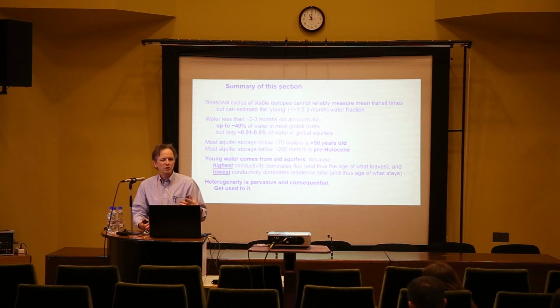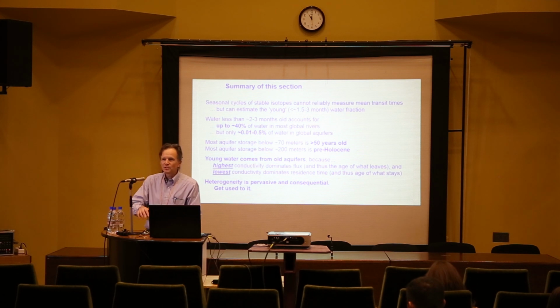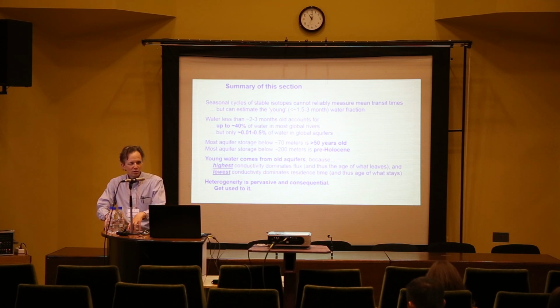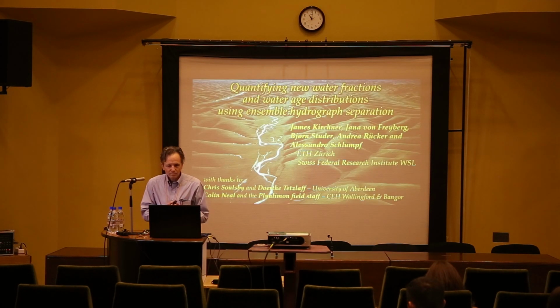And the calculation we skipped over shows you that that is less than 1%. On the other hand, most aquifer storage below our feet is probably decades or centuries or even thousands of years old, but it's also perfectly realistic that we could have old aquifers that discharge young stream flow because those aquifers are highly heterogeneous. Okay.